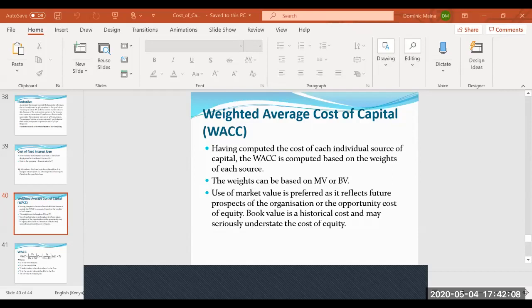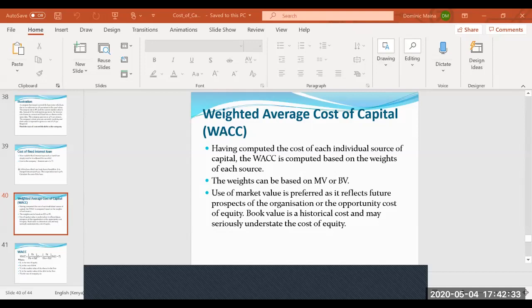Essentially, we said it is better for us to use the market values as the weight. However, there could be some capital sources where it might be hard, if not impossible, to determine their market values. For example, in the case of a bank loan, you can't go and get the market rates.